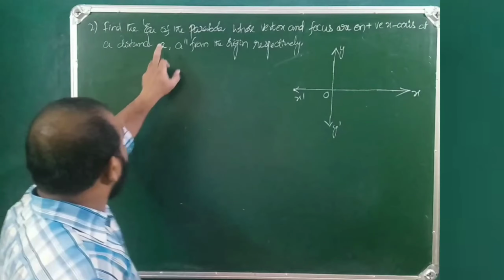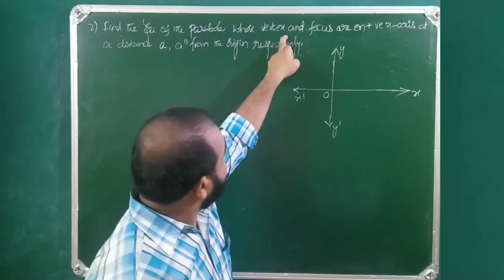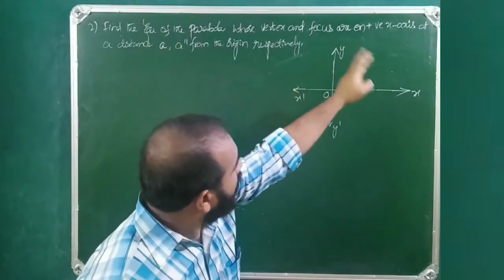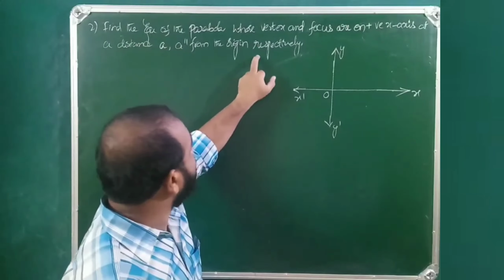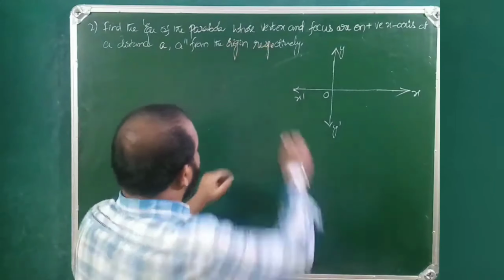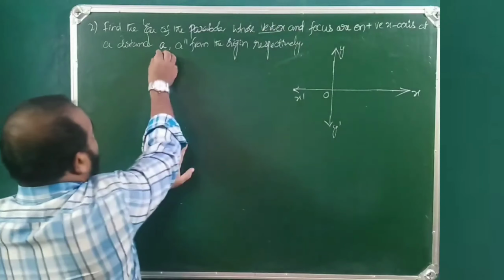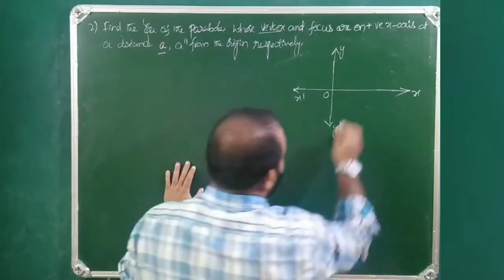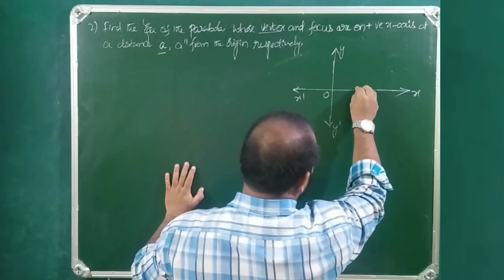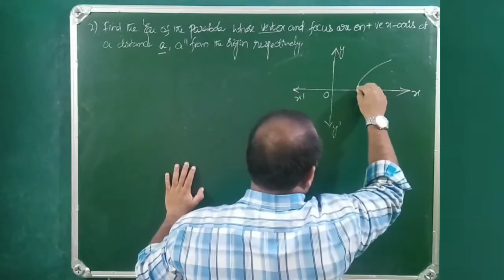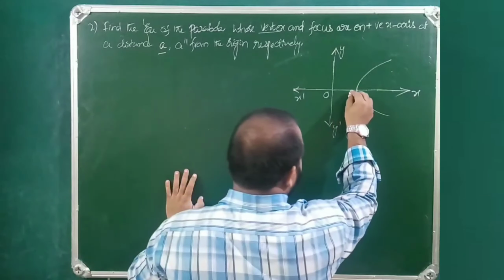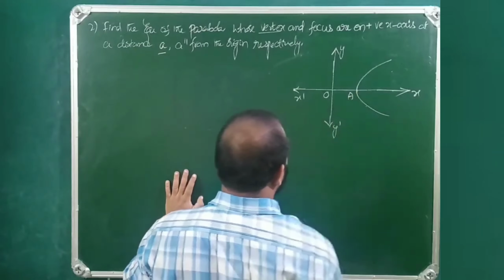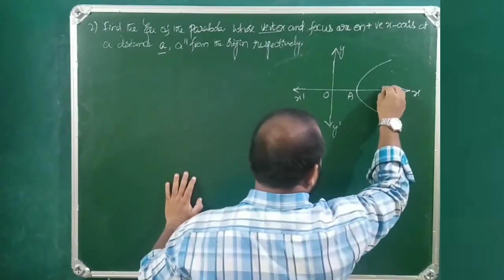Now the vertex and focus are on the positive x-axis at distances a and a' from the origin. So let us take this as the parabola. Here the vertex is A and here the focus is S.